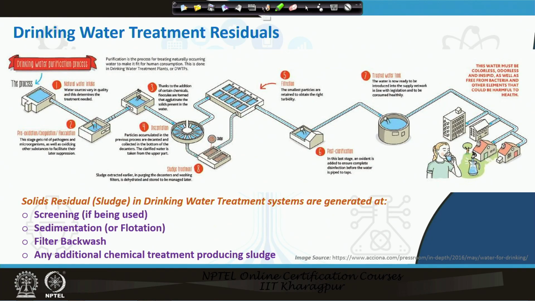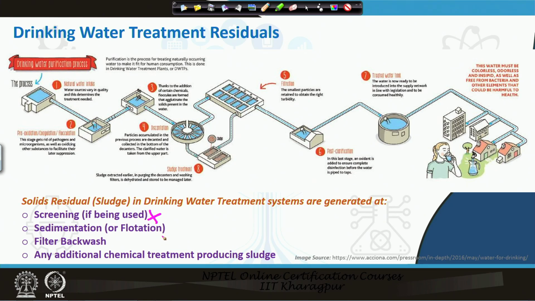So, to start with, usually the sludge stream, which is basically the solid residuals in drinking water treatment systems, is generated either at screening if screening is being used, but as we discussed earlier, screening is very rarely used. So in most cases we do not have screens at the drinking water treatment plant, and if it does come it will just go to the landfill usually.